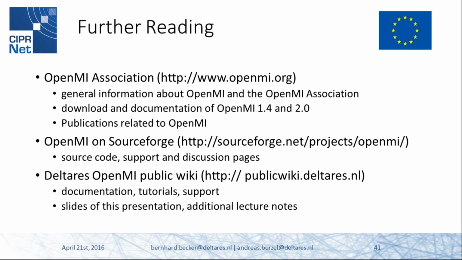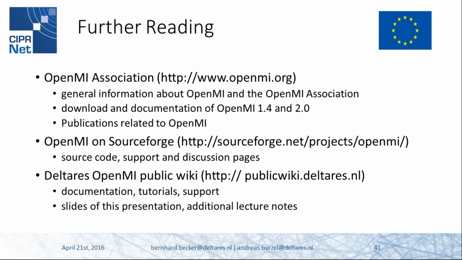If you're interested in further information on OpenMI, you can check the website of the OpenMI Association. You can find there general information about OpenMI and the OpenMI Association. You can download the documentation and the source code of OpenMI 1.4 and 2.0. And you can find publications related to OpenMI. OpenMI is also available on SourceForge.